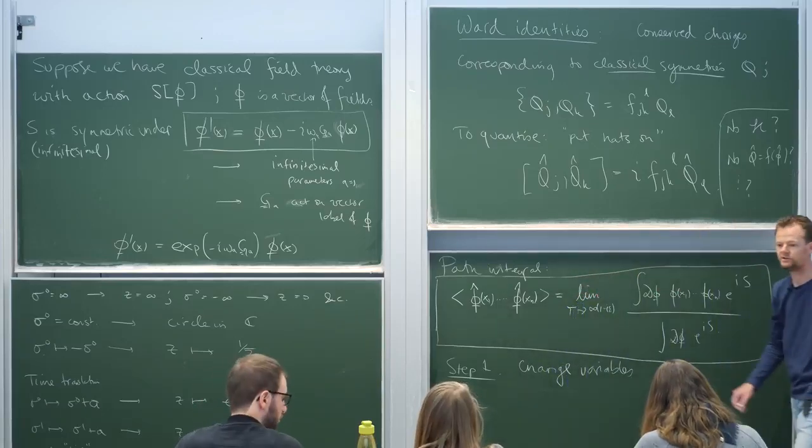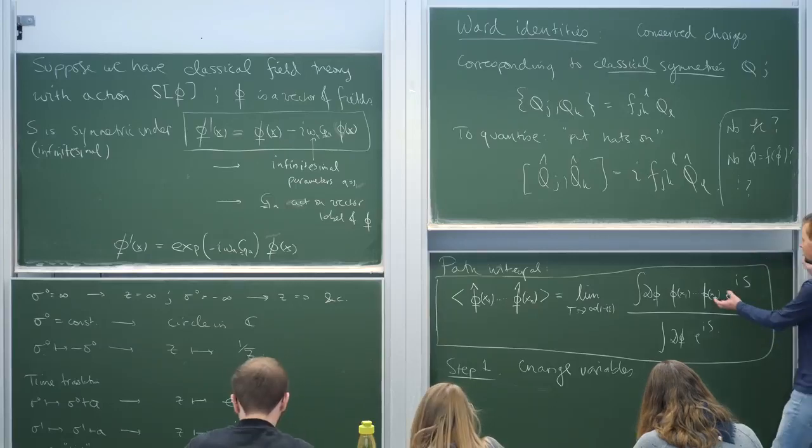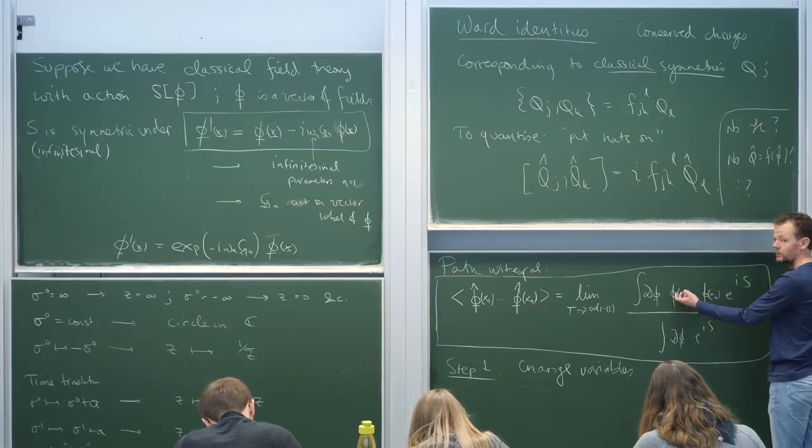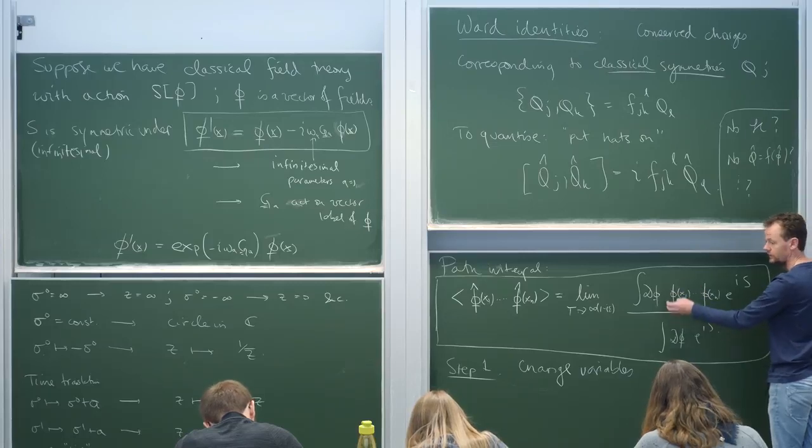We're going to do some variable changes, and we're going to see what's the result of referring not to phi, but the result of doing a symmetry transformation on phi.